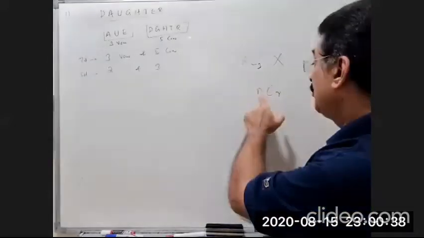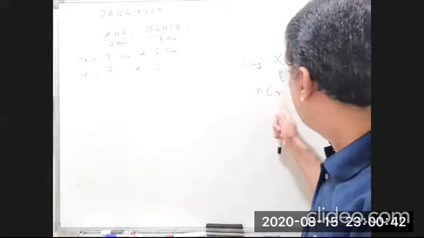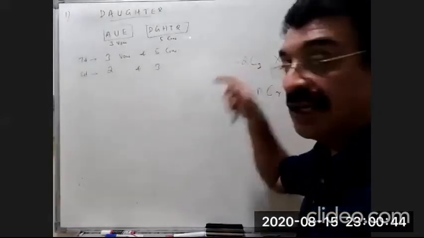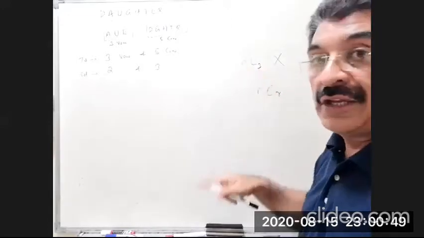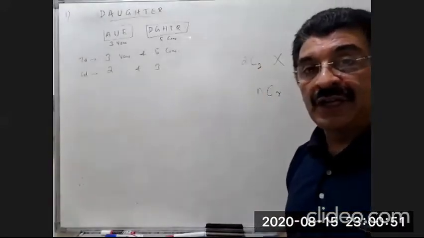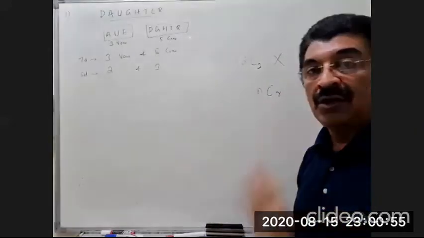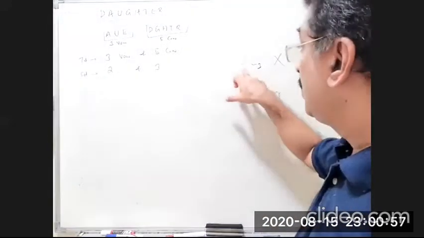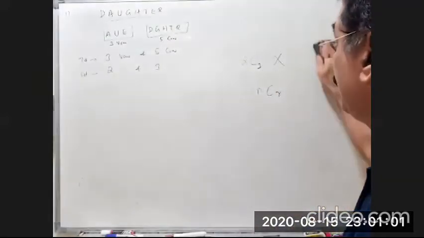That means in the expression nCr, this r can never be more than n. So this expression is wrong because here r is more than n. 3C2 is correct. 3C3 also is possible, from 3 things we can select all 3. But from 2 things we cannot select 3. So the 2C3 expression is wrong.